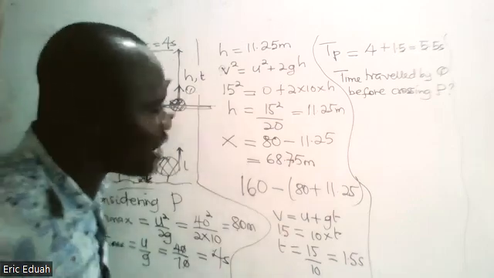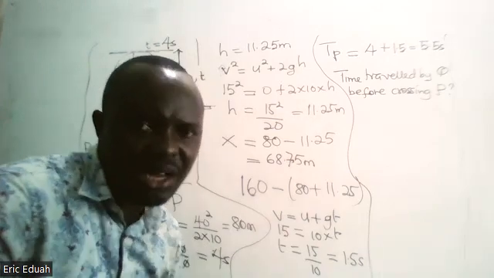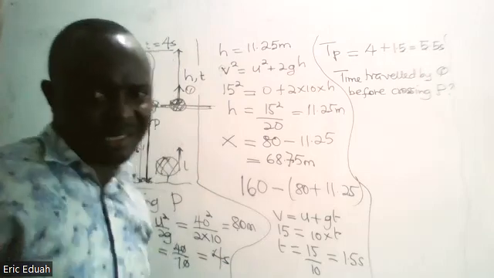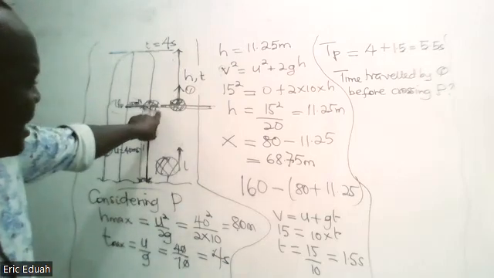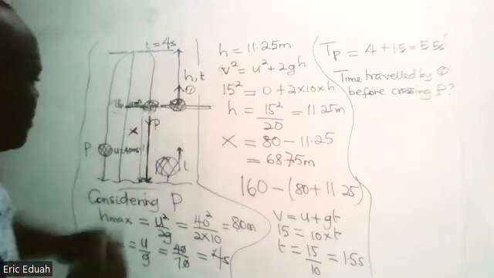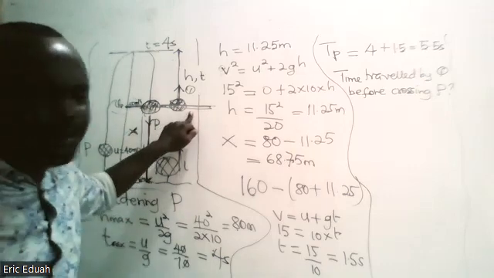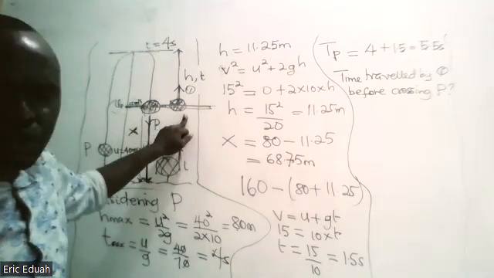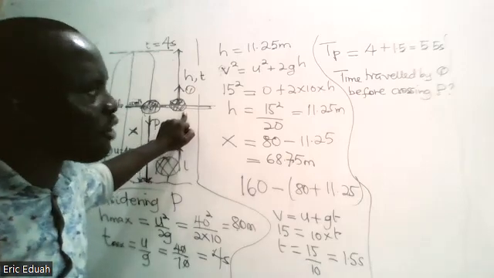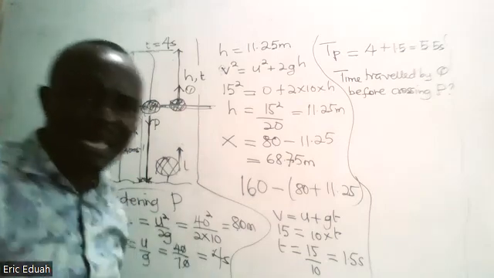So whichever point P reaches, P is ahead of Q by 4 seconds. So if P has a total time of 5.5 before crossing Q, then if you are looking for the time taken by Q to cross P, you have to subtract 4 seconds from the time of P, because P leads Q by 4 seconds.